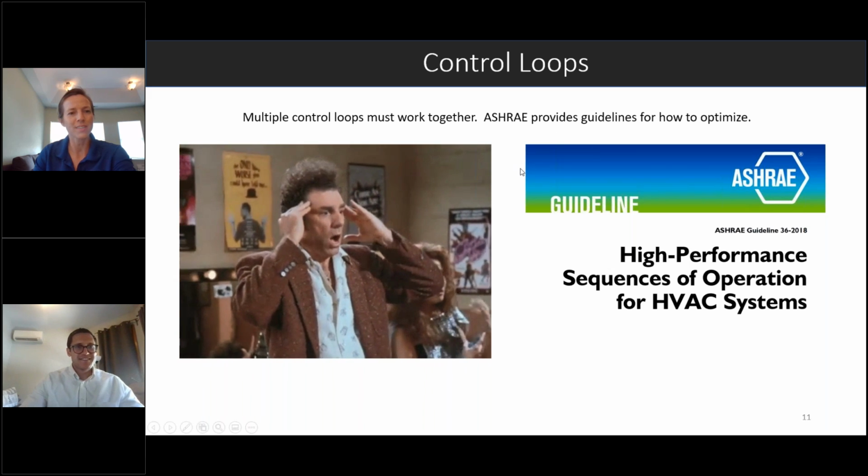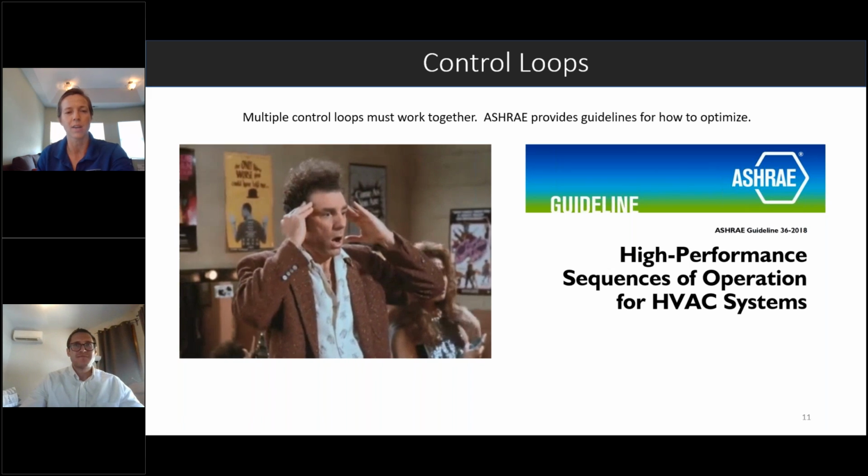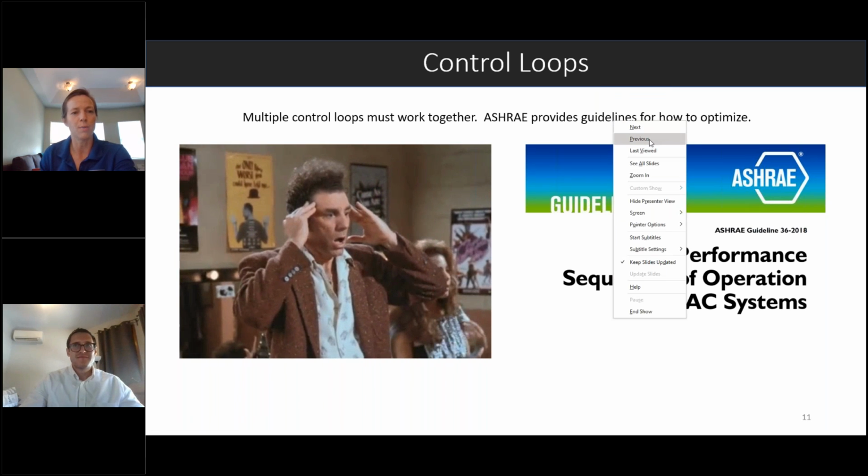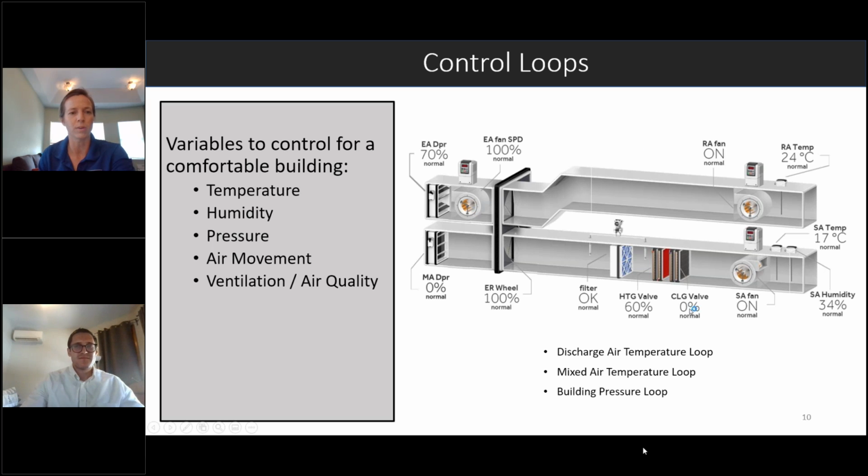We have a couple questions if you want to maybe go back a slide to the air handling unit diagram. We have two questions here. Can you give us an example or two of what devices might be used to sense fan status? Yeah, so one thing you could do is you could put a current switch at that VFD.